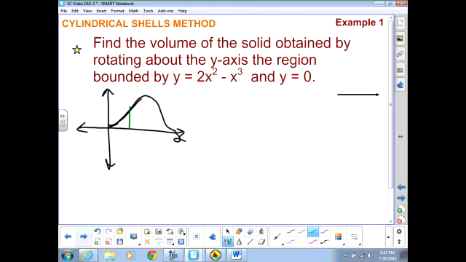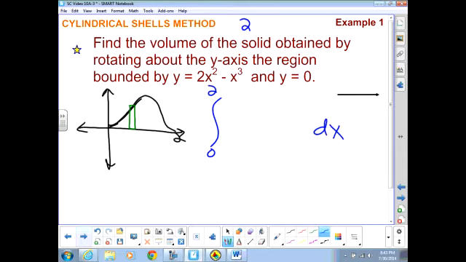So I'm going to draw our rectangle in here with the long side parallel to what we're rotating around. The thickness of that rectangle tells us the dx or the dy. In this case, our thickness of the rectangle is in the x direction, so we'll have dx. Our x's in the region are going from 0 to 2.